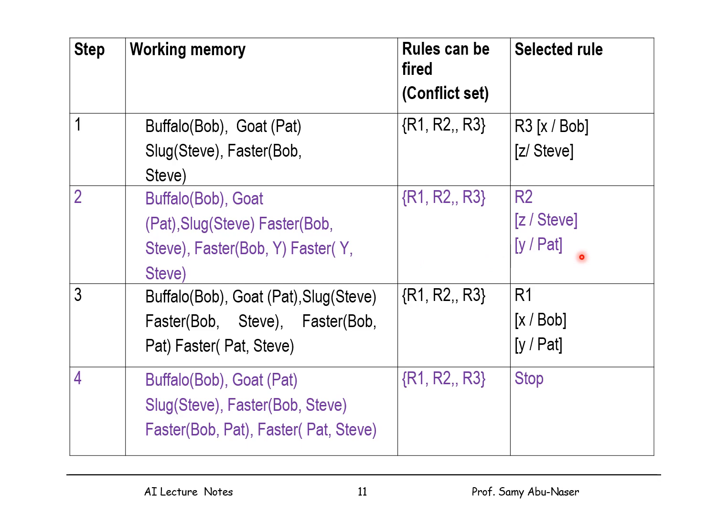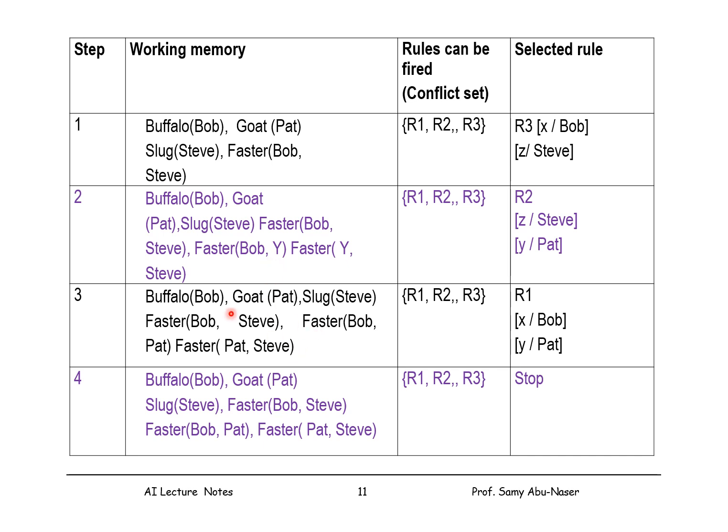When we execute rule 2, we get out of it Goat Bat, and we have Goat Y, and we have Goat Bat. It's a fact, so we don't add it again. And we have Slug Steve. Slug Steve also is here as a fact, proved already.